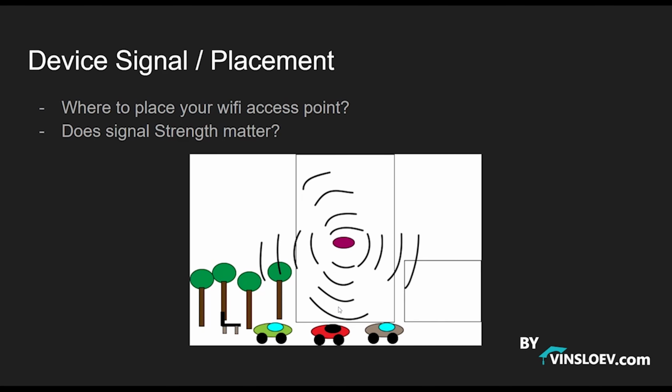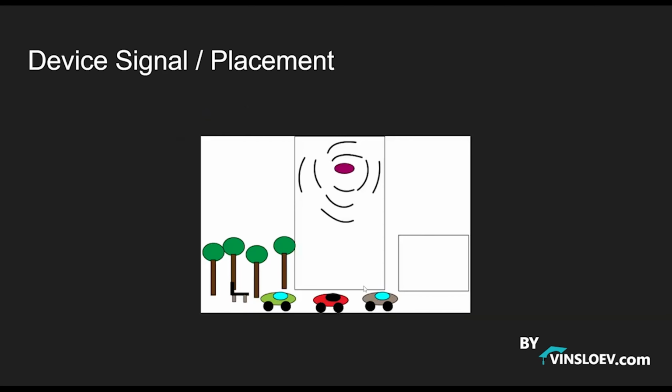So what you should be aware of is how you place your device and what strength. Imagine that we had this office building right here, and we had the two top floors. So there's no reason that we have our network being available at the first floor of this building.